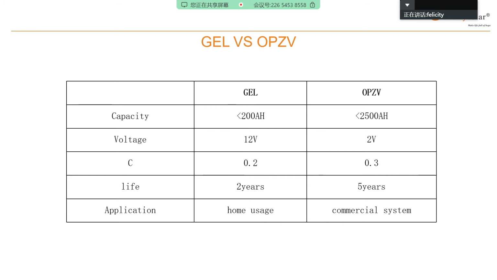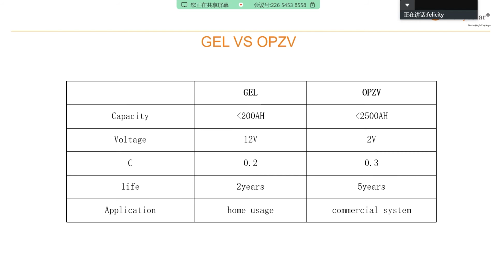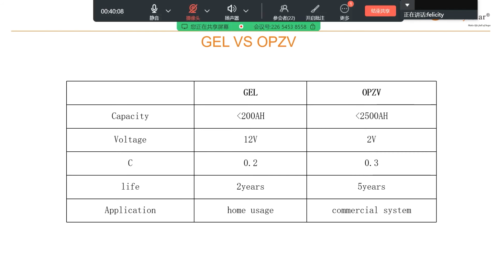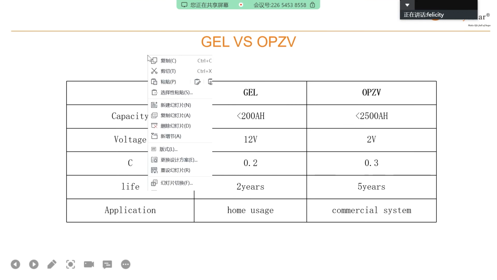The third difference is the charge discharge ratio, which we call C. For the GL we recommend 0.2 C, and OPCV is 0.3 C. Let me explain this more.